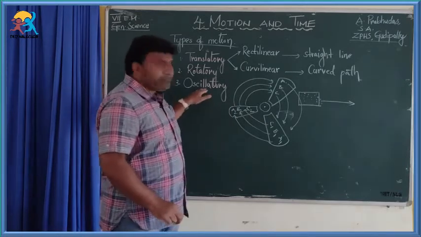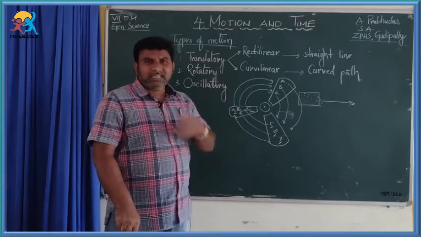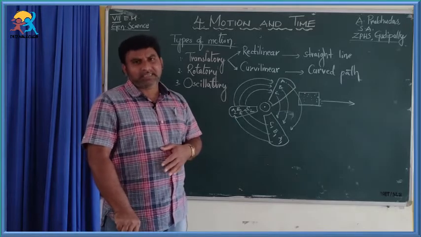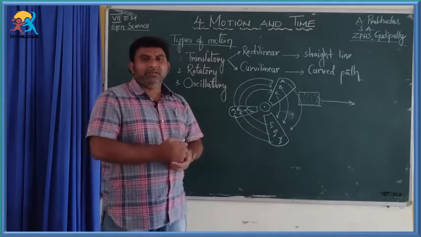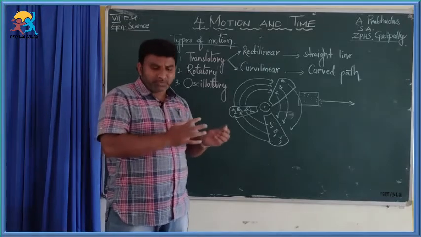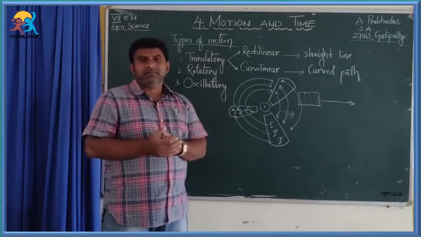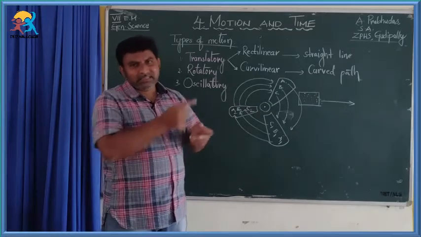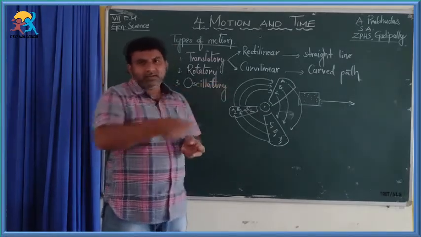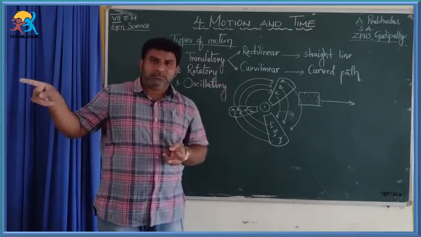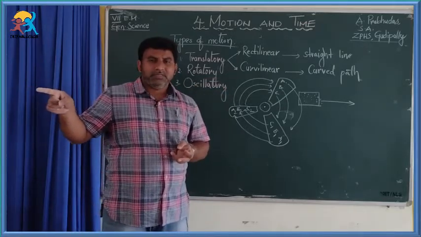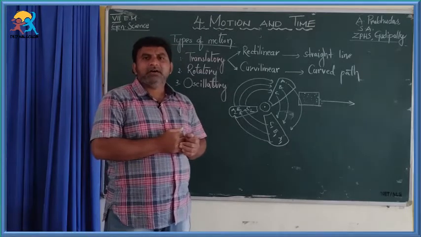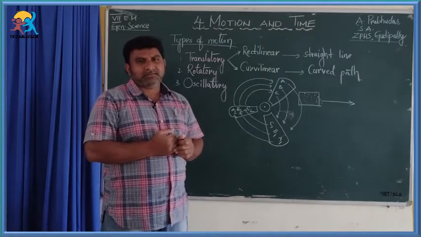Now, here comes our third type of motion, that is oscillatory motion. So, we see many objects in our daily lives which show oscillatory motion. For example, if you assume a girl swinging on a swing, the girl moves to and fro. Such type of motion is called oscillatory motion.